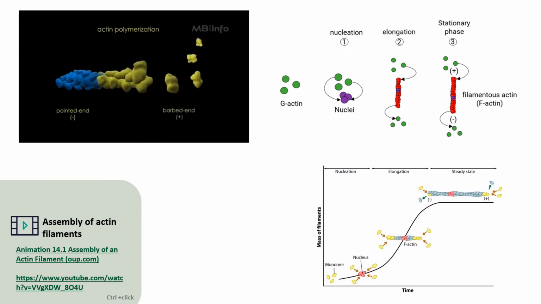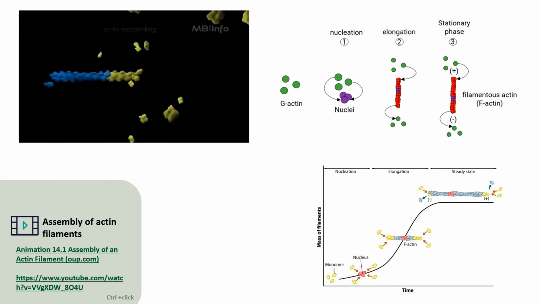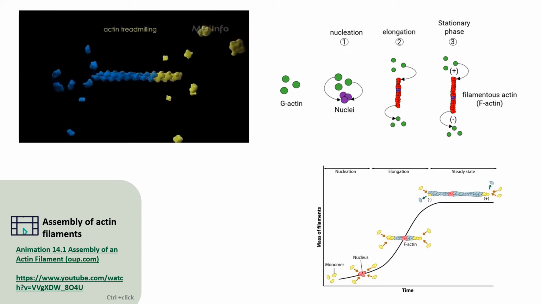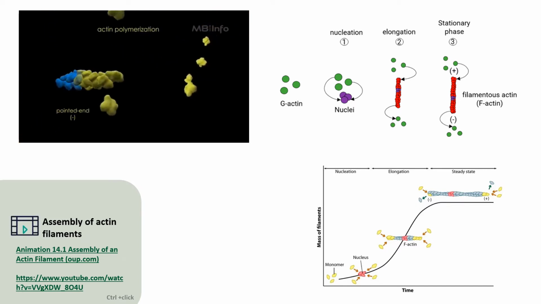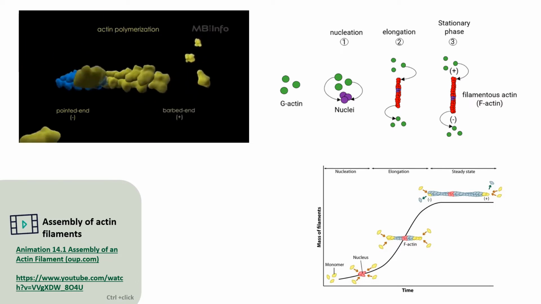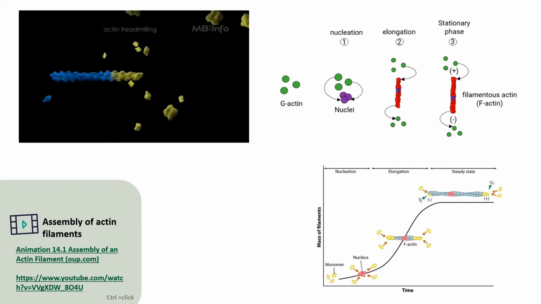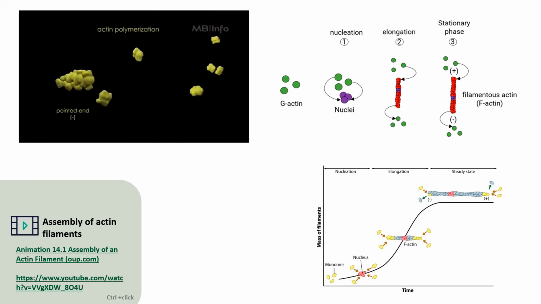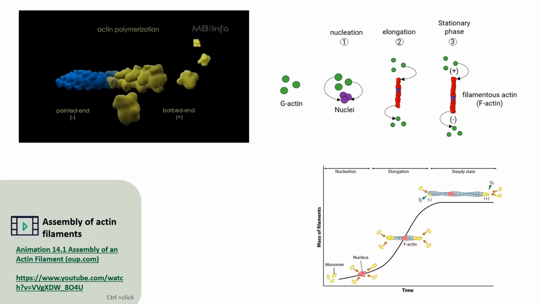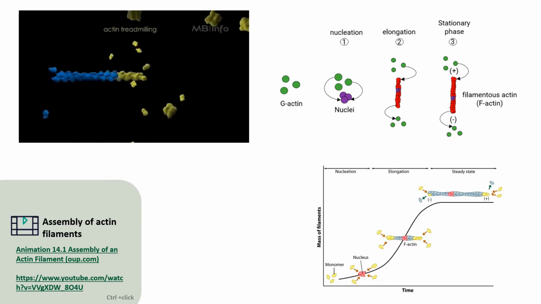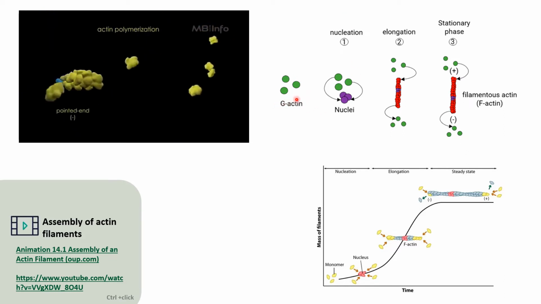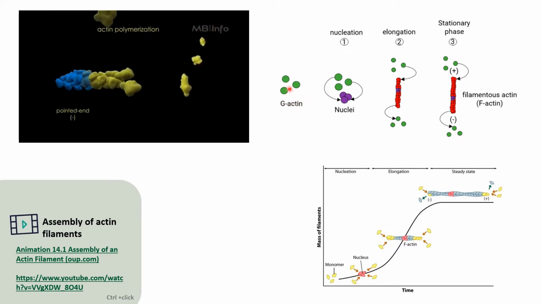Here you can see how these actin filaments polymerize. The actin molecule is a globular protein. It's around 375 amino acids. So these are the G-actin, which are the actin molecules.